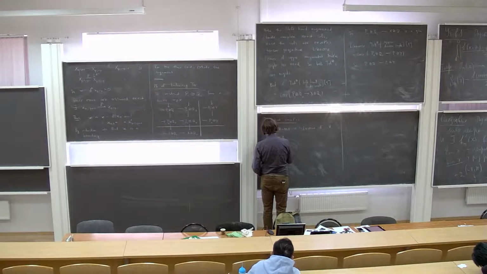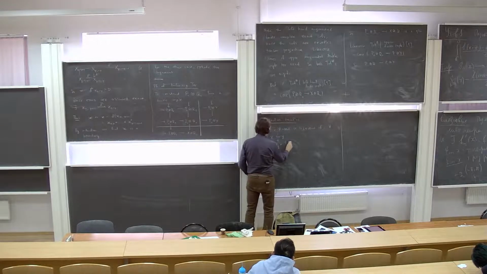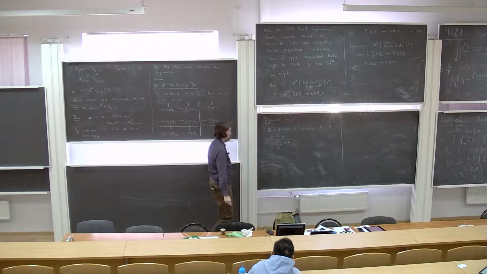So this injection is given, this map is given, and I can extend it to f tilde. That's the definition.